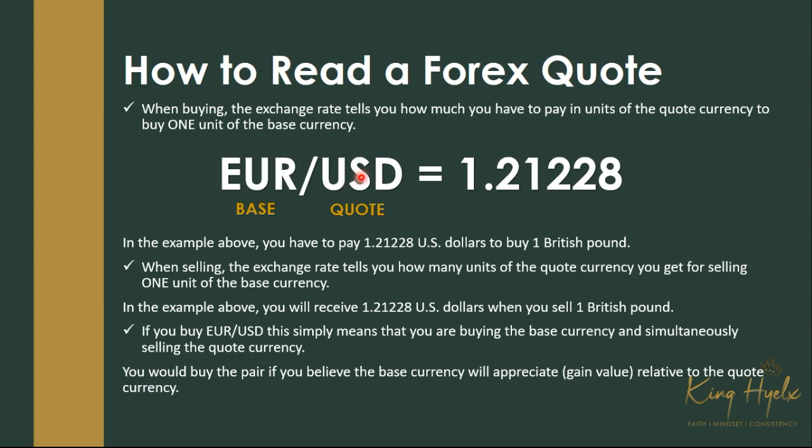Makes sense, right? Because now the exchange rate is 1.21228, and you have a feeling that one day it is going to be 1.22 something. So you know that if you buy euro today and you wait for that day to come and you sell, you are going to get more of the United States dollar, right?